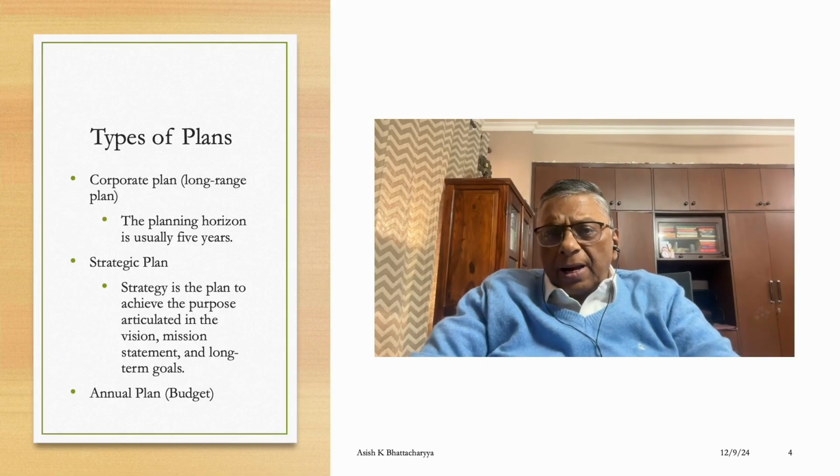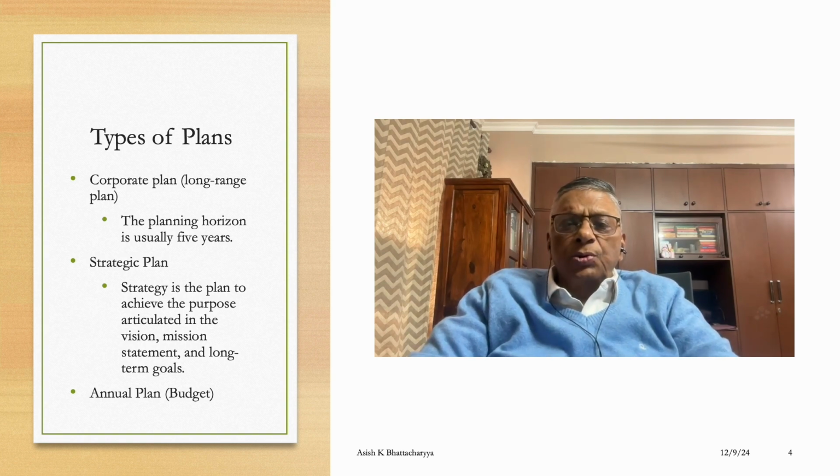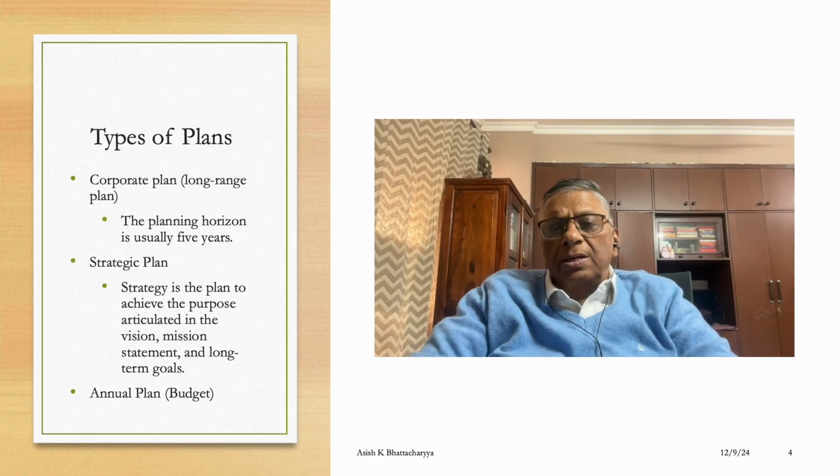And to reach that point, to achieve the goal which you want to achieve after 5 years, you have to plan annually. You have to plan year to year. Now this year to year plan, which we call budget and budgetary control, which most organizations follow, needs to be aligned with the corporate plan.